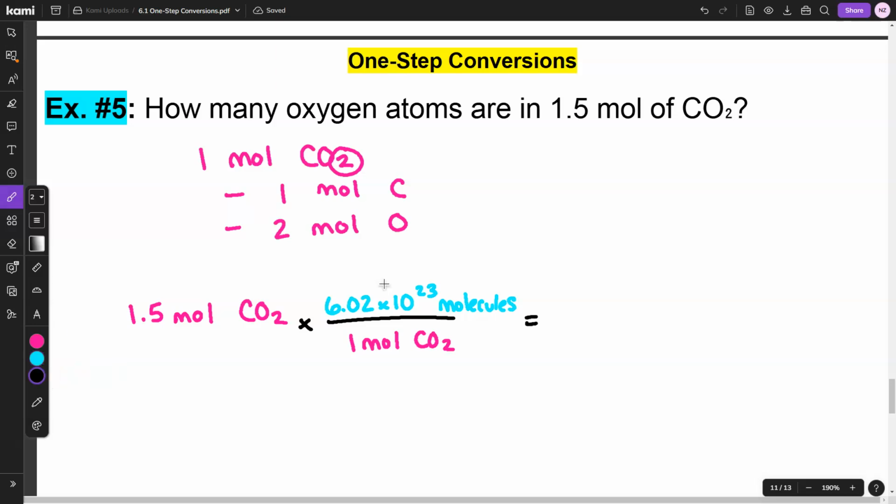Okay, so when I do the math here, I'm going to get 9.033 times 10 to the 23rd CO2 molecules. So a molecule, remember, is made up of several atoms. Okay, but that's not what the question's asking for. It's asking for how many oxygen atoms are there.